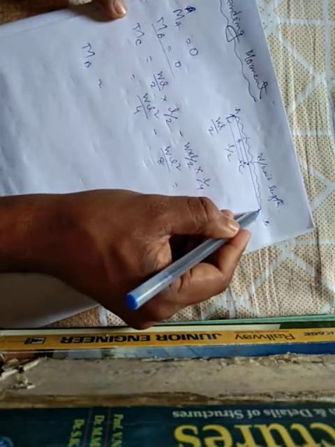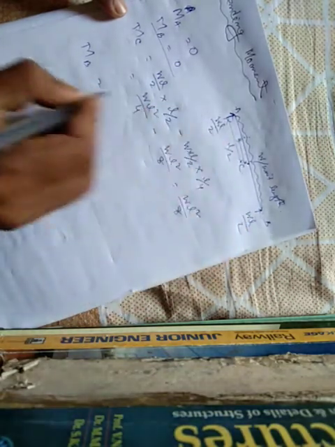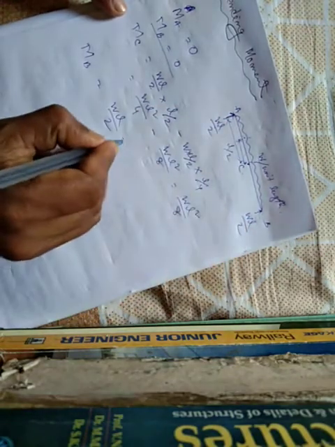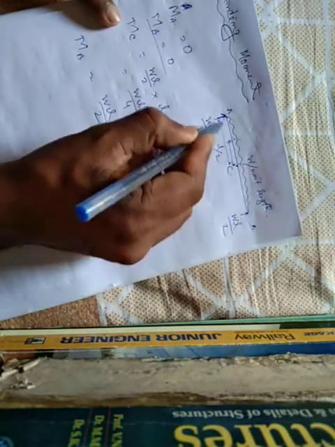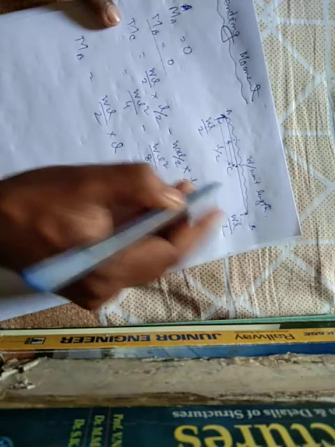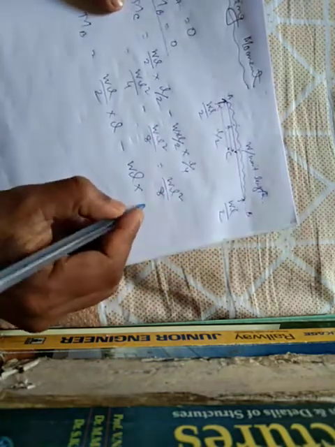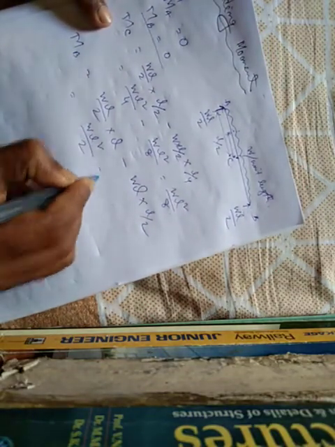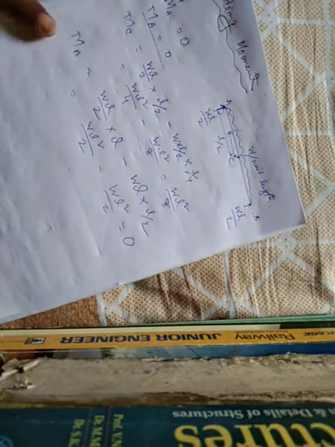Moment about point B by this reaction force is positive, that means W into L by 2 into perpendicular distance L, minus the uniform distributed load over the entire span of the beam, W into L, into perpendicular distance from here to here, the center, L by 2. That is WL square by 2 minus WL square by 2, which is equal to 0. I hope you understand.